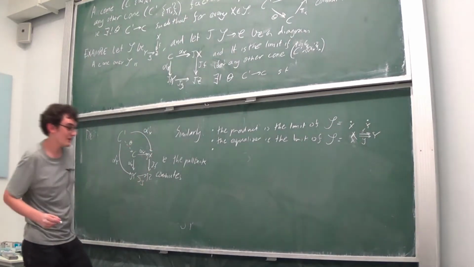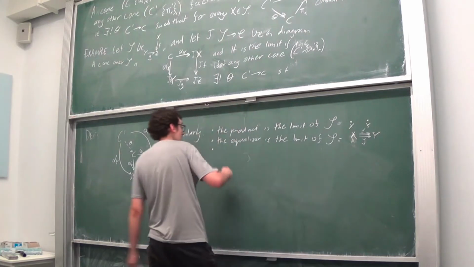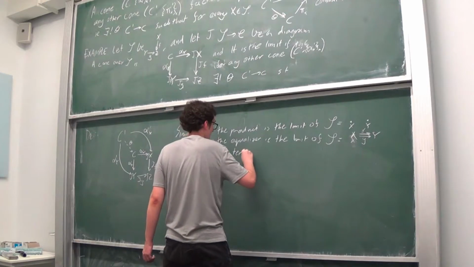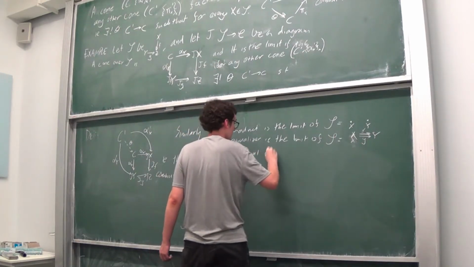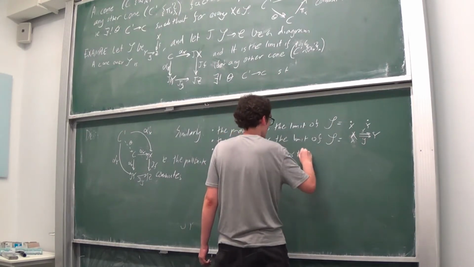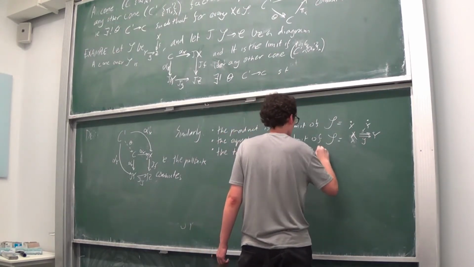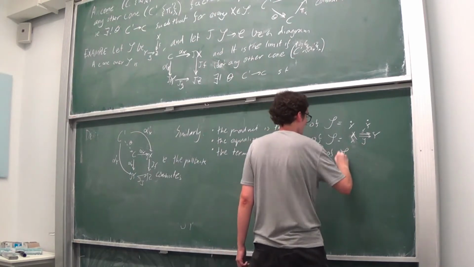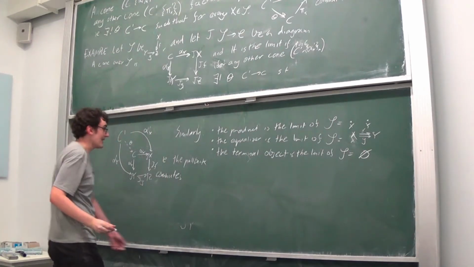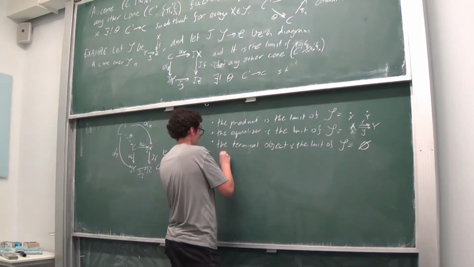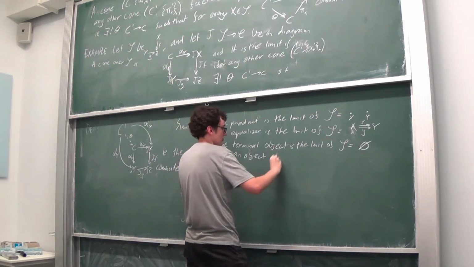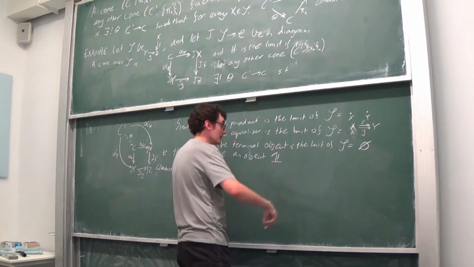Another example, which is very important for what we're going to be talking about with subobject classifiers, is the terminal object. So it's the limit of the empty diagram. So what concretely does that mean? It means an object, which is usually denoted by 1, often blackboard bold 1.